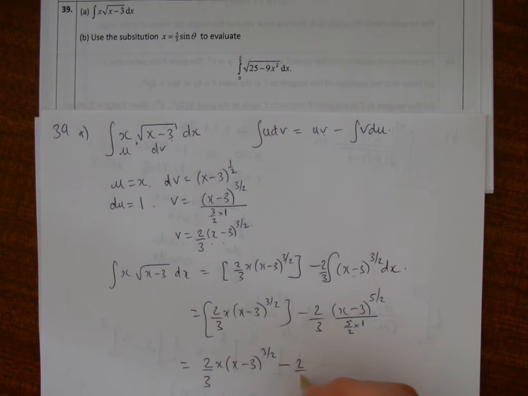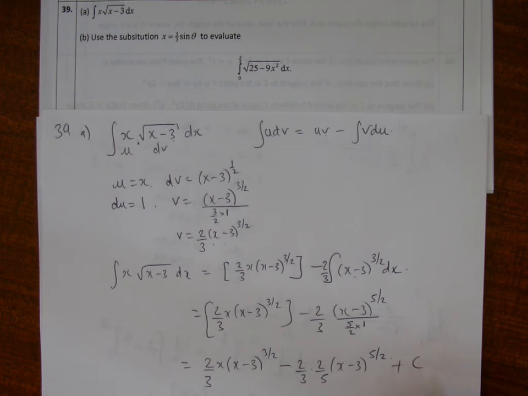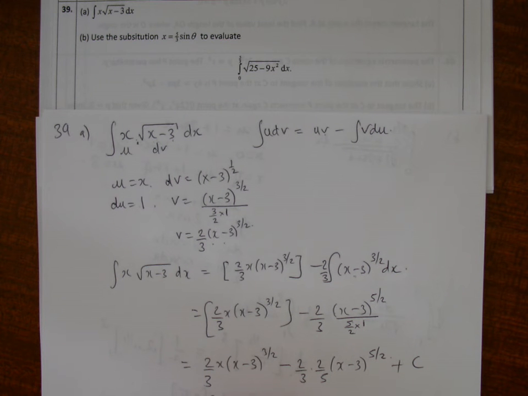So we've got 2/3 times 2/5, x minus 3 to the 5 over 2, and because it's an indefinite integral, it has no limits, there has to be a plus c. That's minus 4/15 plus c.